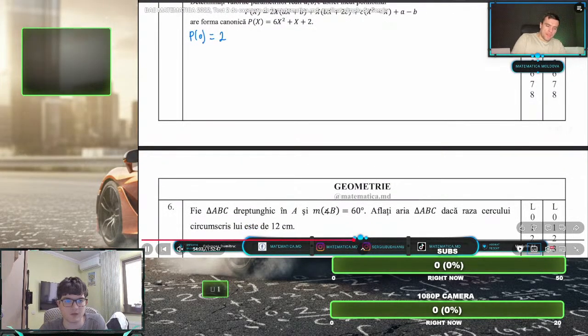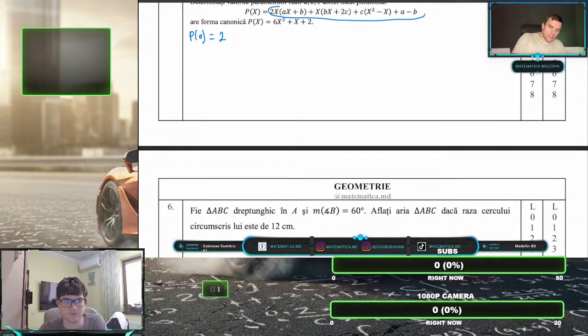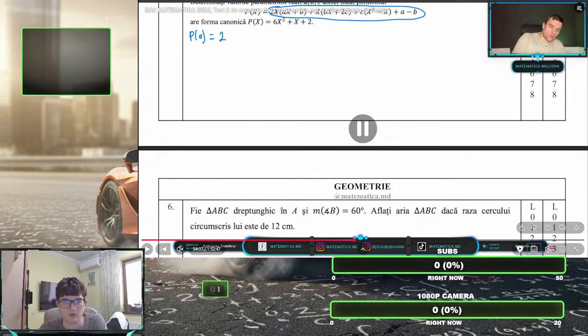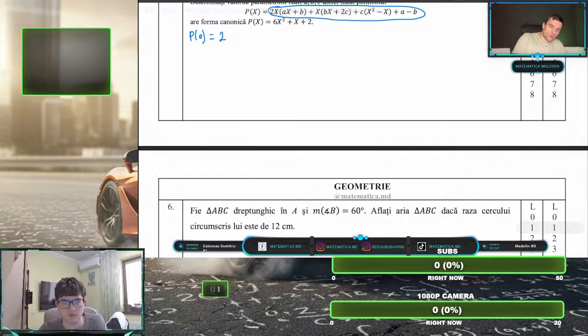Now we do some P of x and stuff. You've got P of 0 equal to 2. That's his condition, I guess. I don't know exactly what he's gonna do here.